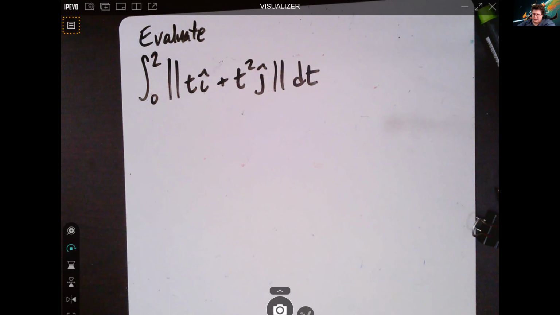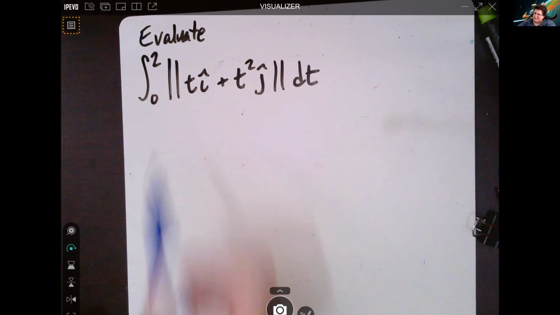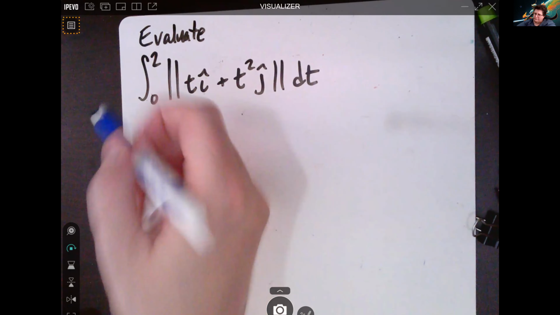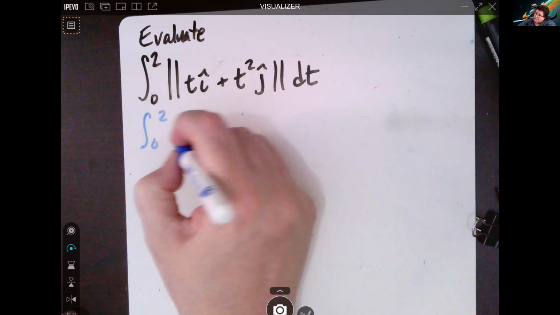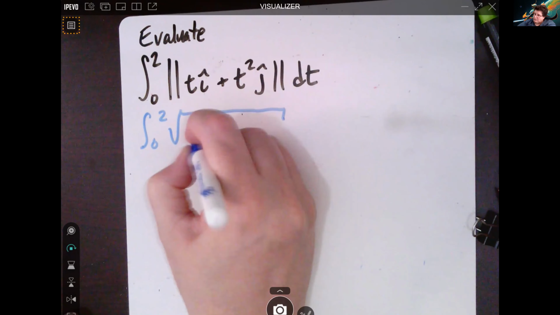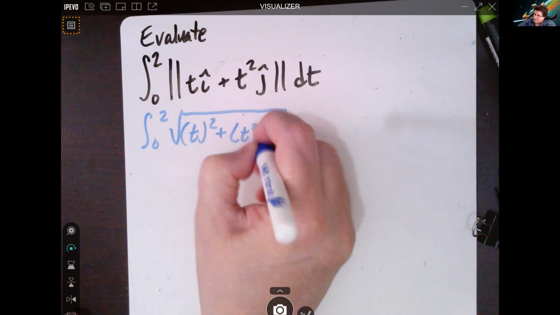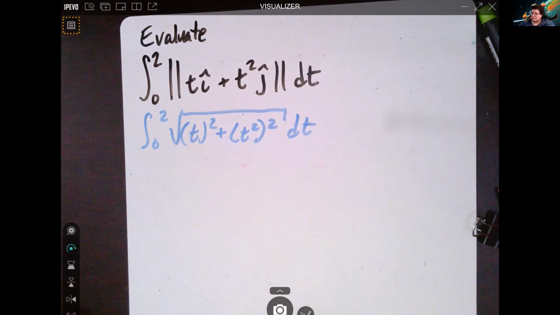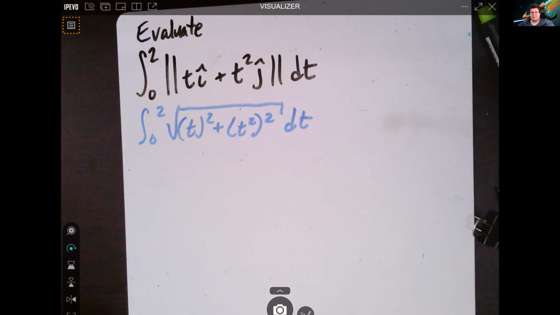Make sure everybody's on the same page. What's the first step here? Can I integrate that as is? No. We cannot integrate that as is. This says do the norm. We've got to write this in norm form.